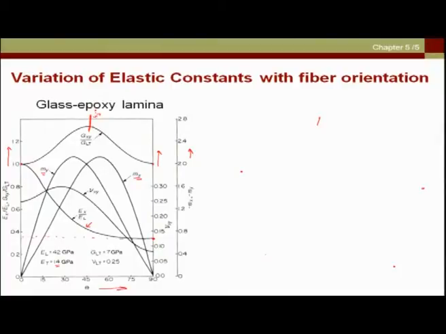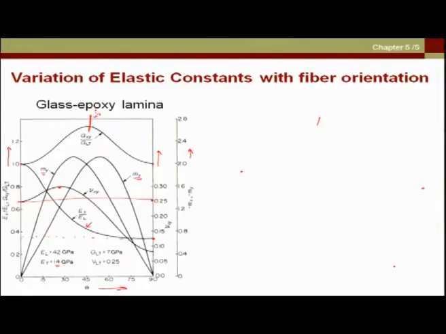So, Poisson ratio, in glass epoxy lamina, starts from some value. The axis for Poisson ratio is here. It starts from about 0.25. In case of glass epoxy, it actually increases as theta increases. So this is the peak value.